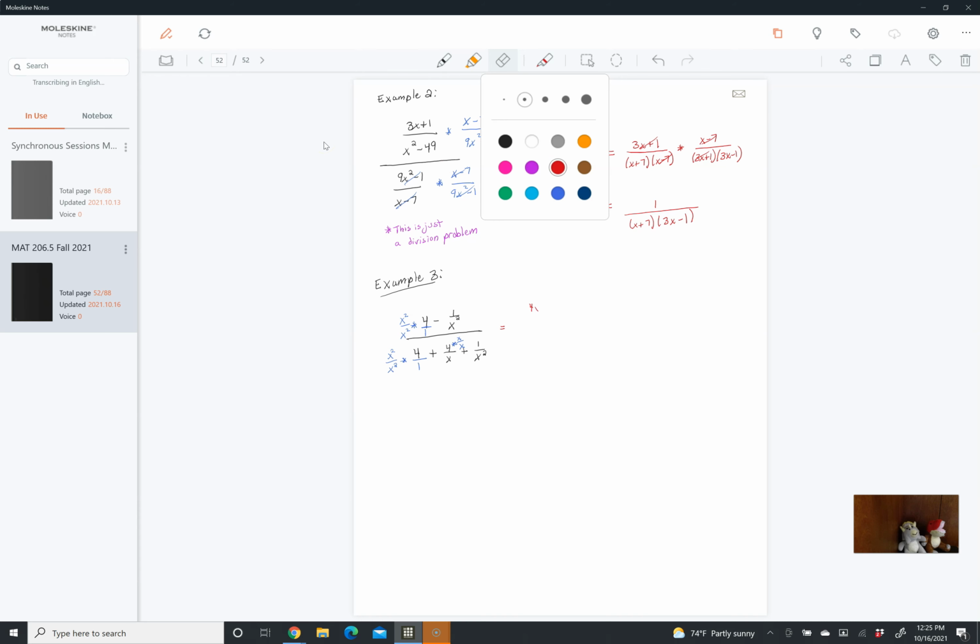We get 4x squared over x squared minus 1 over x squared. Notice we have a common denominator now. Then we have 4x squared over x squared plus 4x over x squared, and then plus 1 over x squared.